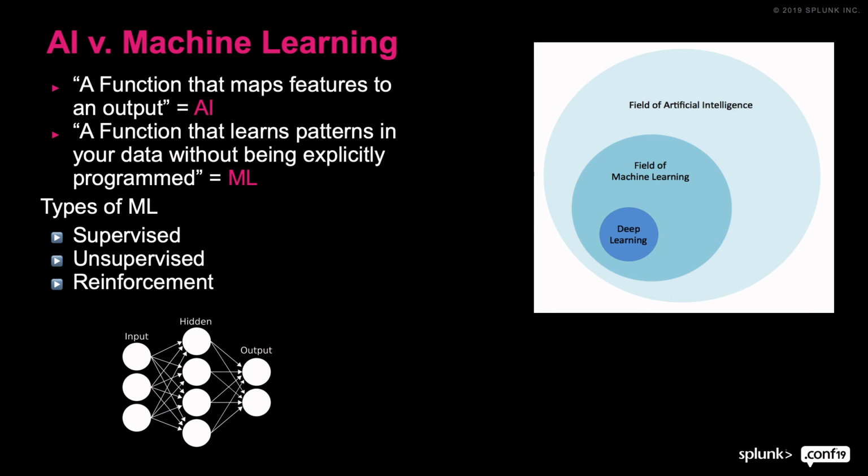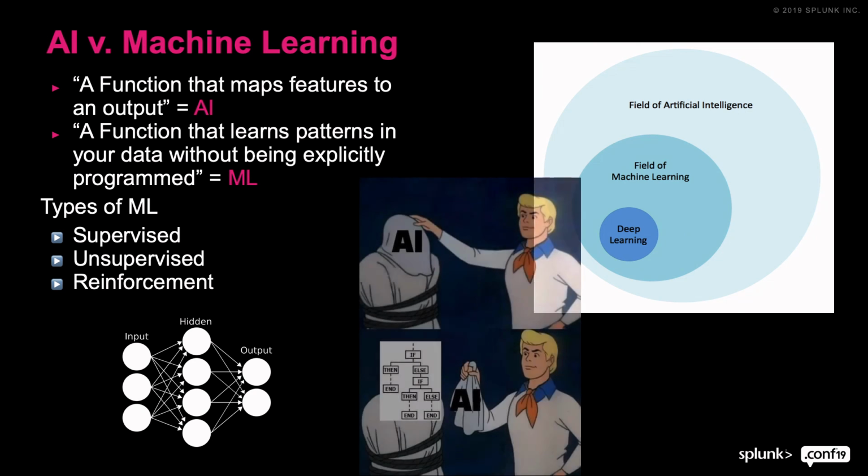When we talk about other vendors in the marketplace or labels that get thrown around, everyone's saying that they're doing AI, and they can claim that. AI's broadest definition is literally just a function that maps a set of features to an output. That could be something as simple as nested if statements. It's a piece of software or a function that mimics human behavior.